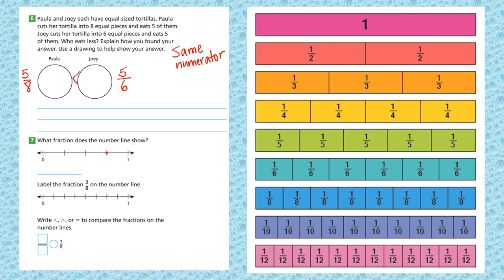But now let's use our circles to model our problem. So we're going to take Paula and I'm going to cut it into eighths. So you're kind of cutting it like a pizza. Okay, and she eats 1 part, 2 parts, 3 parts, 4 parts.